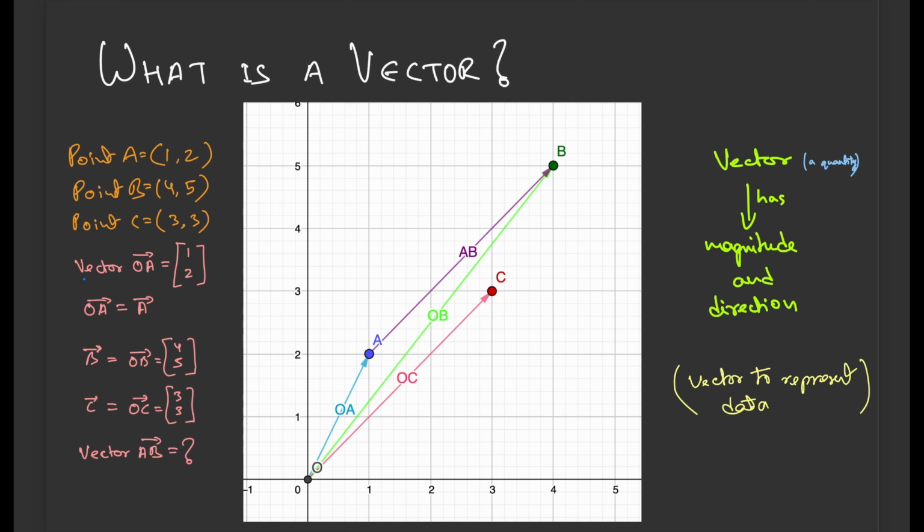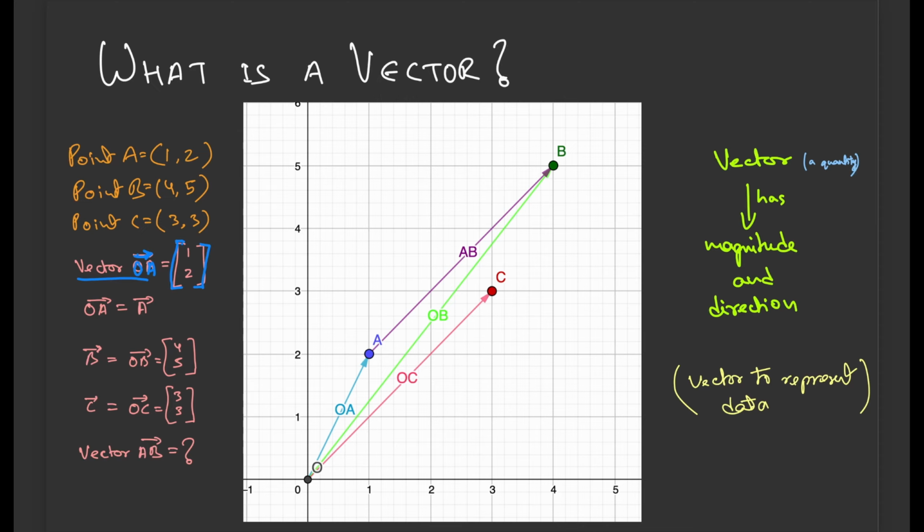So the value for vector OA is [1, 2]. We use square brackets to represent the vector, and to represent the vector, we need an arrow on top of the name. So this is the name of the vector OA, and we put an arrow on top of it to show that this is a vector.